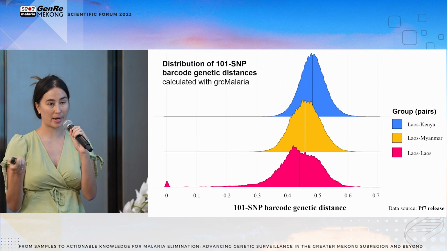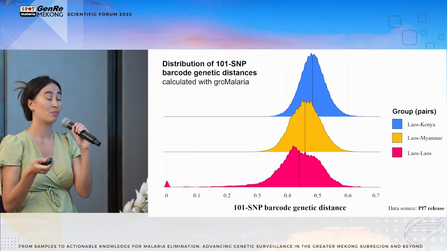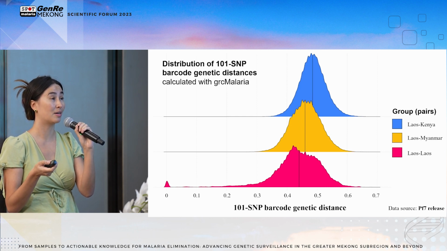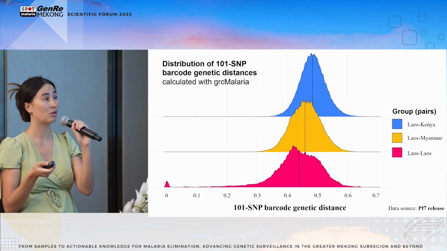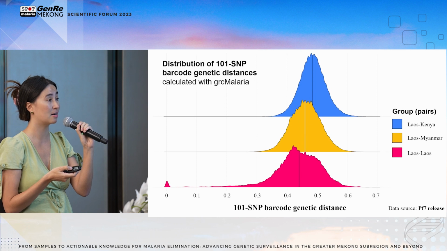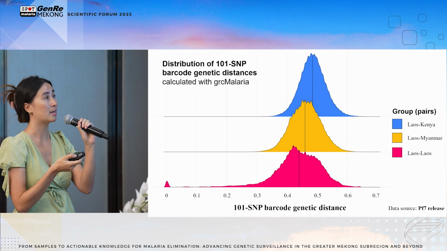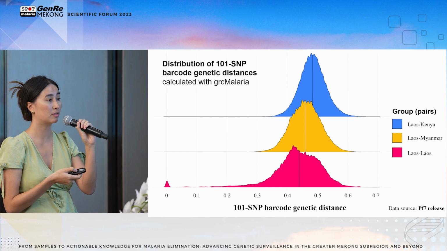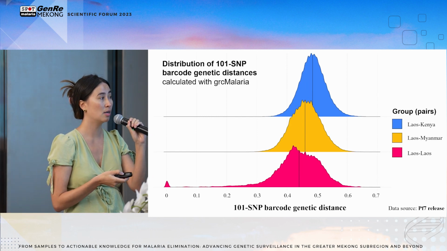So what you would expect is that the pairs that both came from Laos are more similar to each other than the pairs that have one from Laos and one from Kenya, which you can see is the case: the median of the Laos group is lower than the median of the Laos and Kenya pairs. And what you can also see here is this little bump at a genetic distance of 0, which indicates clonal expansion.